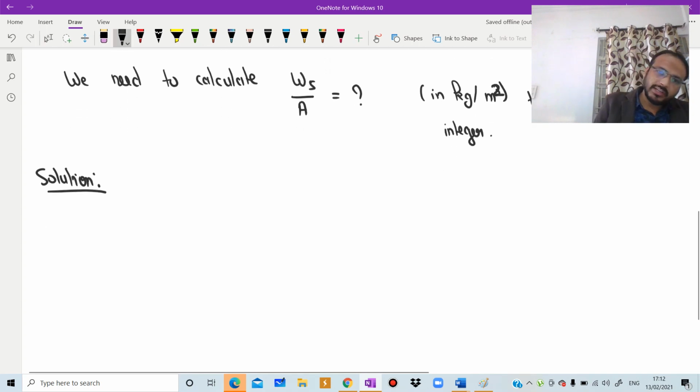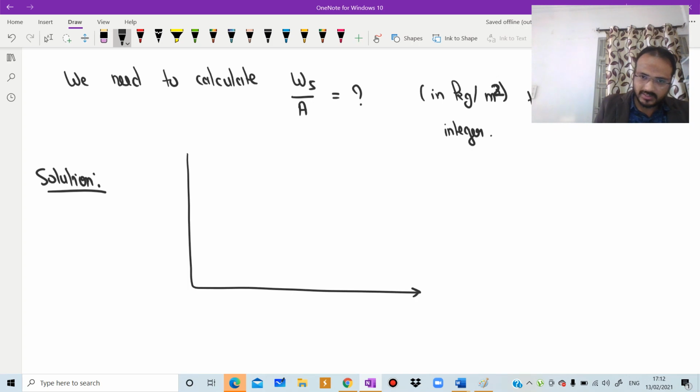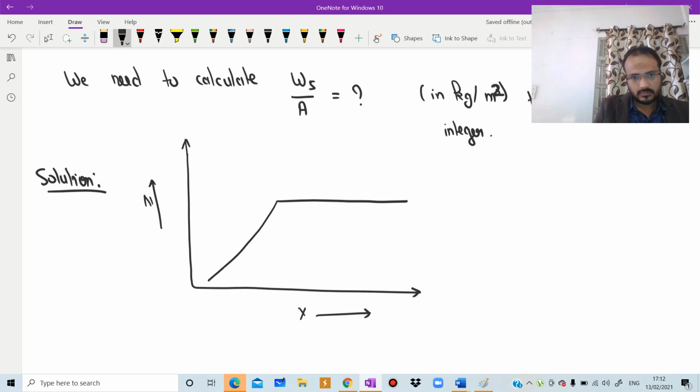First, we know the graph, just a rough diagram, is between rate versus moisture content. Drying starts from here, x1 to xc, and here we have the x2 value.